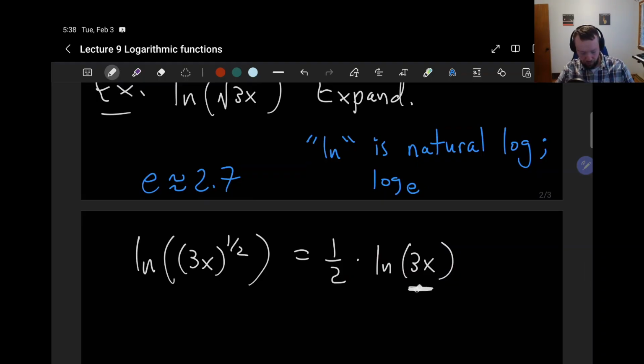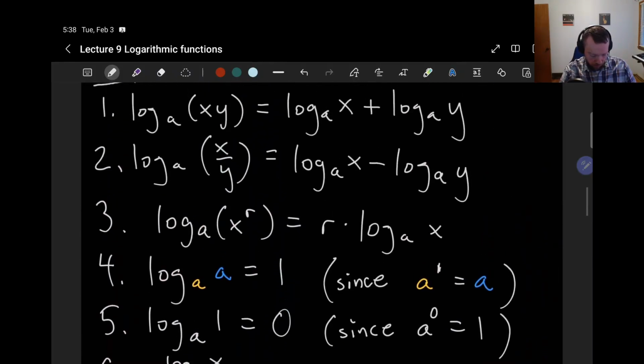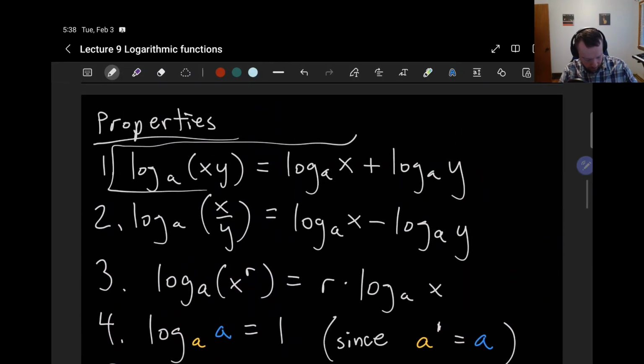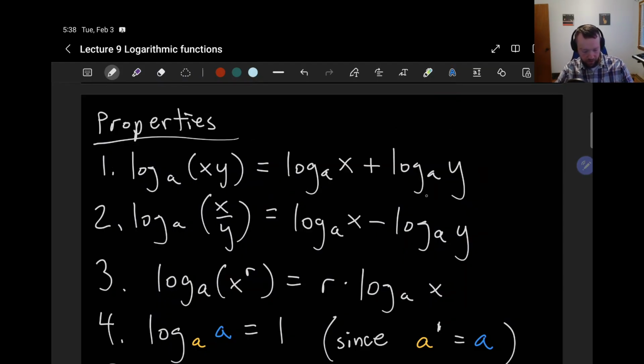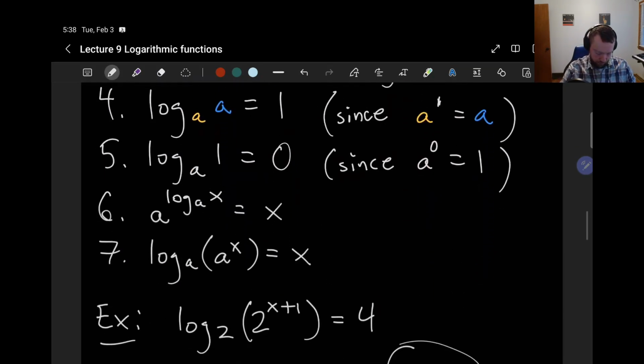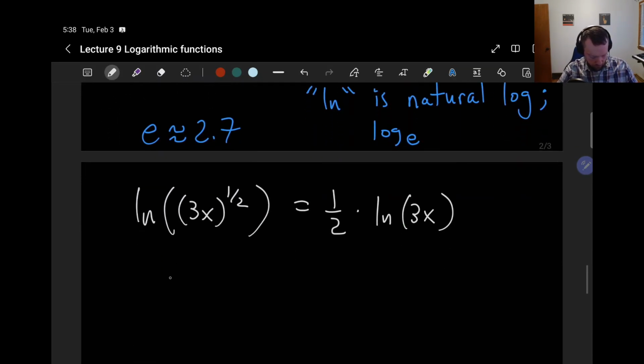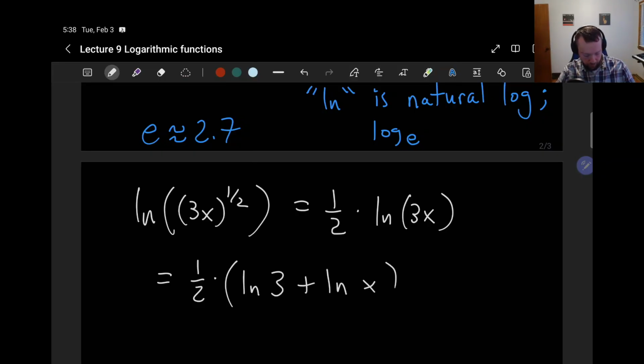And here I have a product inside my log, which means I can use the first property right here. I can expand it out as a sum. So still 1/2 times ln of 3 plus ln of x.